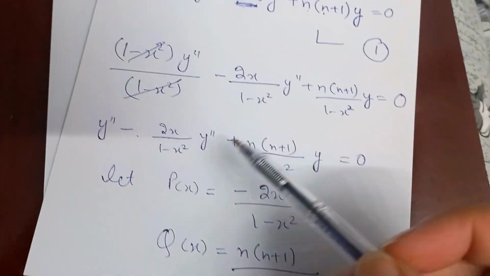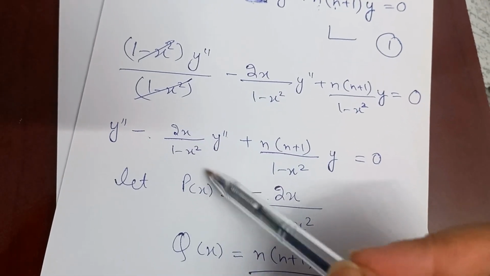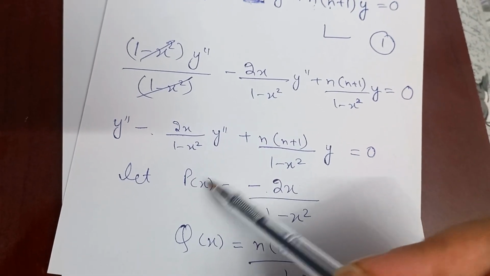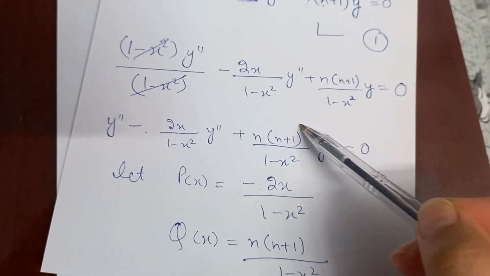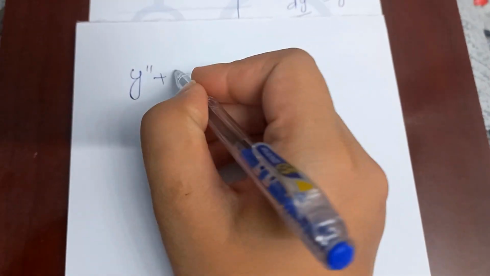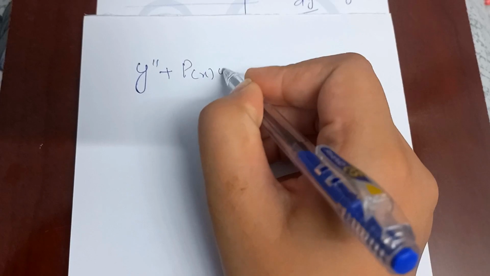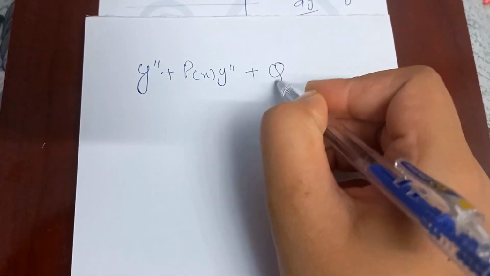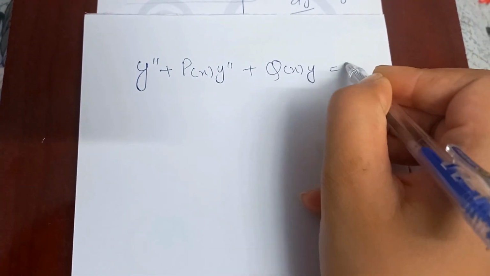Now let's replace those values. Instead of minus 2x by 1 minus x squared, I'm going to write p of x, and in place of this quantity I write q of x. So it will become y double prime plus p of x y prime plus q of x y equals 0.